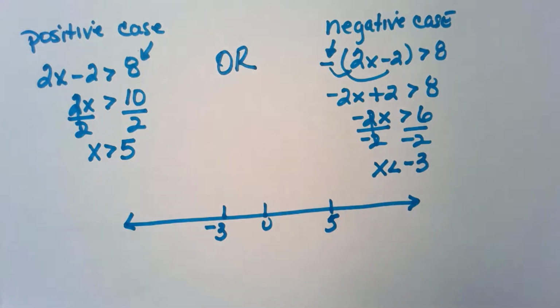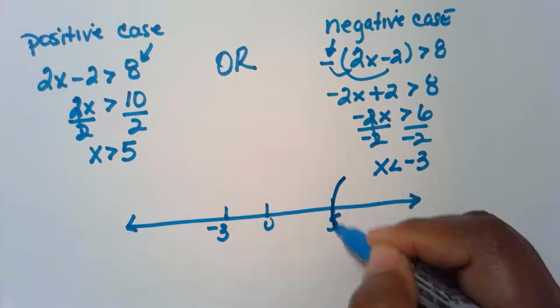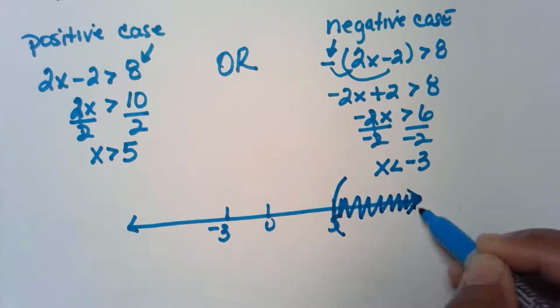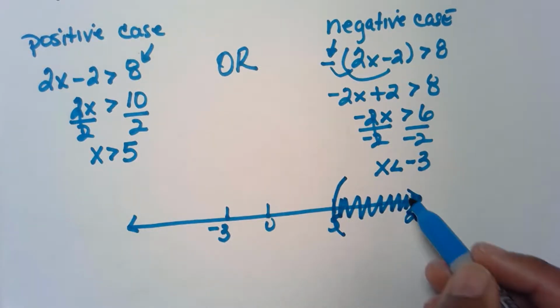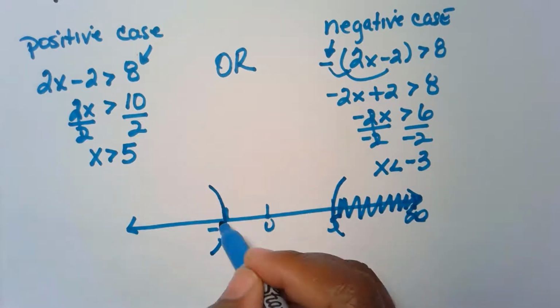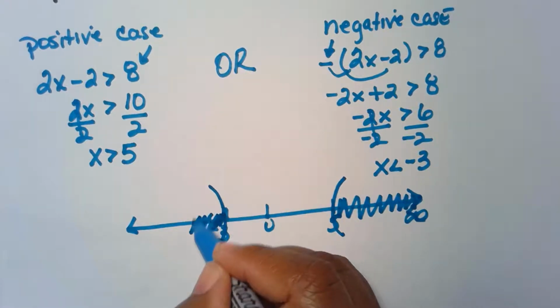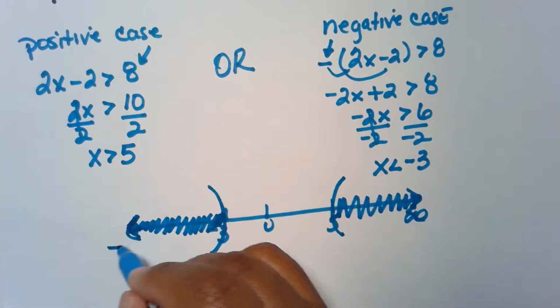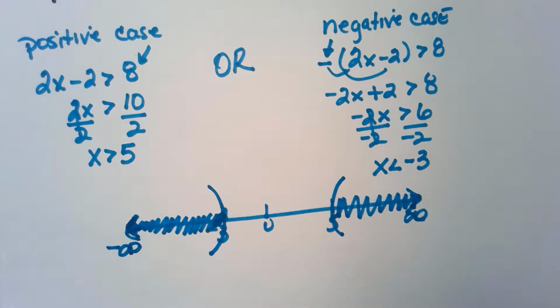They're not going to touch; they're going to be on opposite ends of each other. So x is greater than 5: open parenthesis, shade everything to the right, out to positive infinity. x is less than negative 3: we have a close parenthesis and shade everything to the left, out to negative infinity.